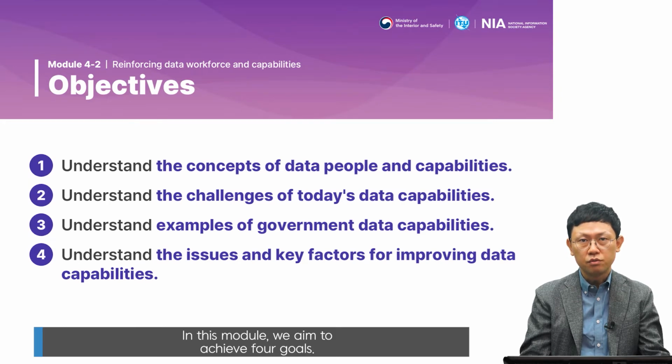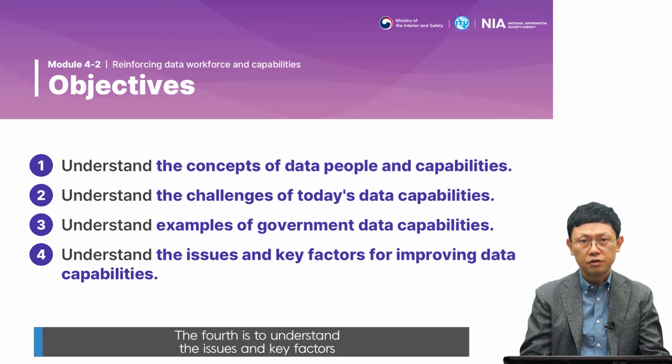In this module, we aim to achieve 4 goals. The first is to understand the concepts of data people and capabilities. The second is to understand the challenges of today's data capabilities. The third is to understand examples of government data capabilities.